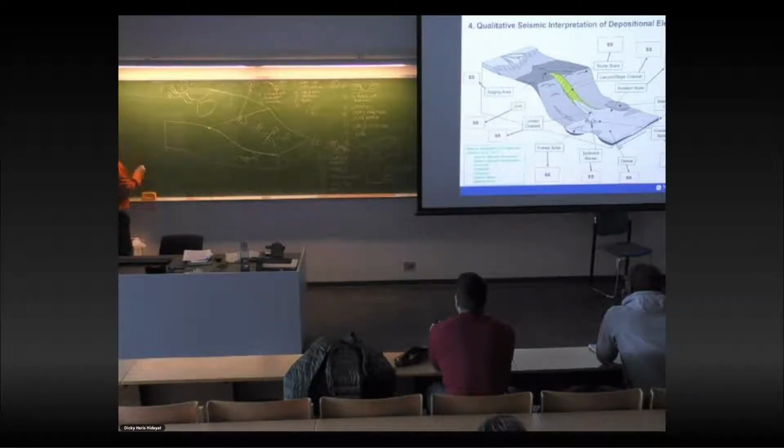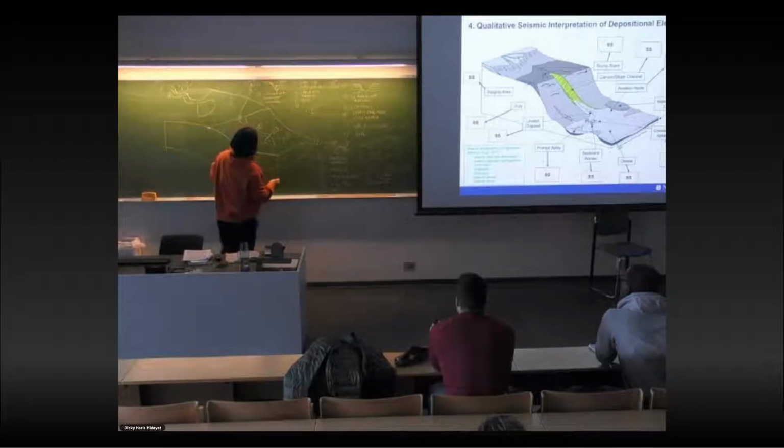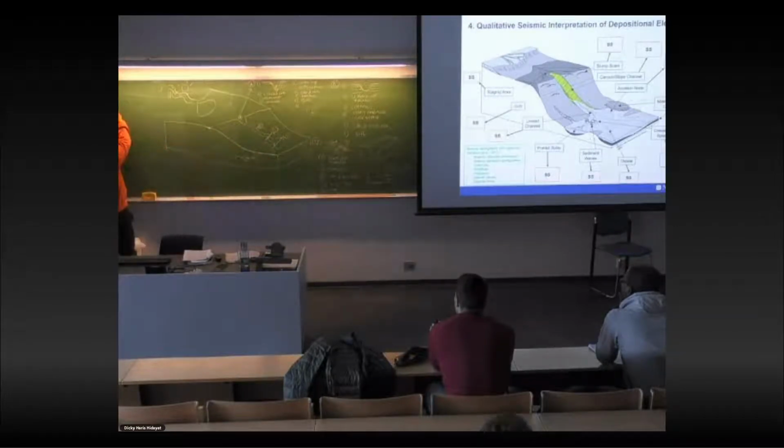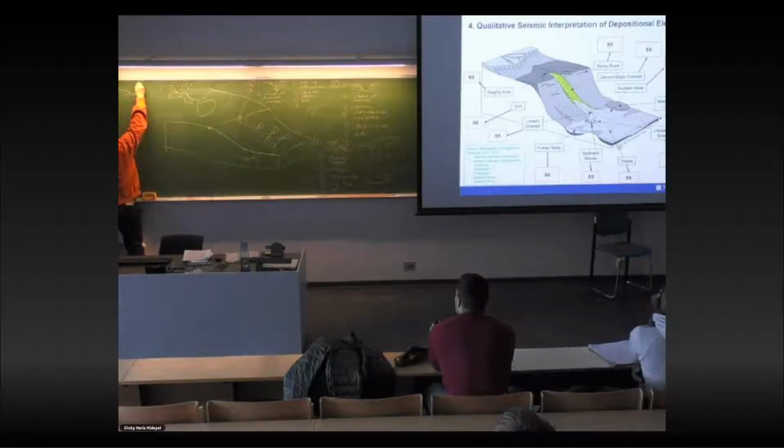If I make a cross section from here to here, C to D, what you have is something like this. So this is C to D.